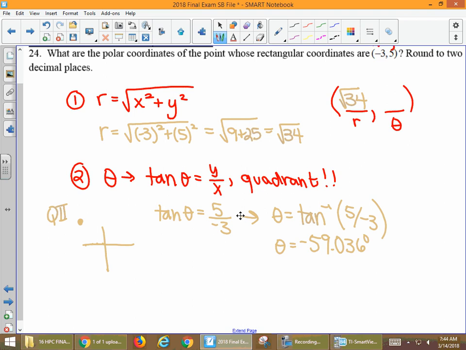Well, -59.036 is giving us this angle down here in the fourth quadrant, that negative acute angle. If we add 180 to it, like it says on our equation sheet, it will transfer over to quadrant 2 for us. So what we're getting is the reference angle, the distance from the x-axis.